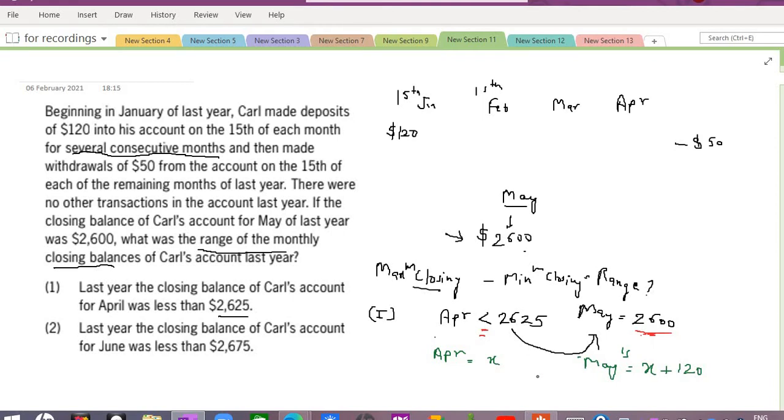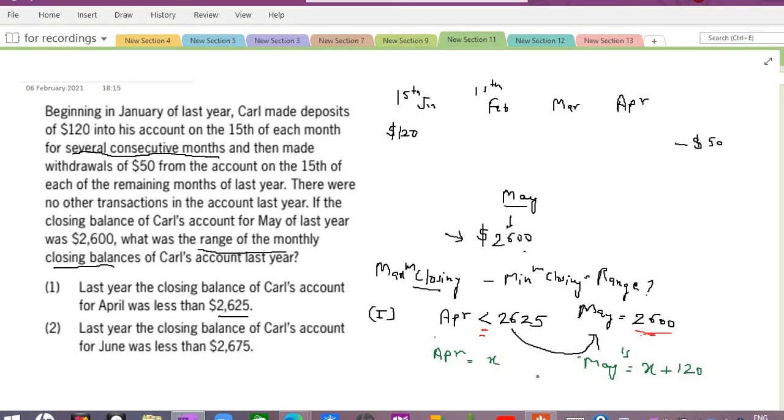We know for sure that in January he deposited, and after some month he started withdrawing. So first he deposited from January up to May, that we know, but we don't know till what month he deposited and what month exactly he started withdrawing. That is not known.